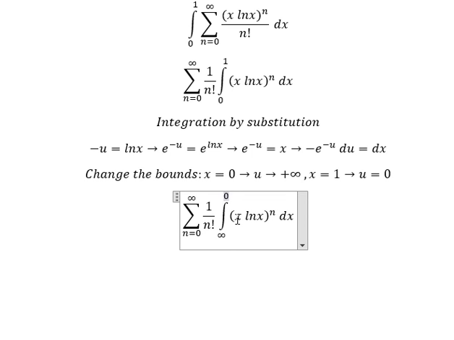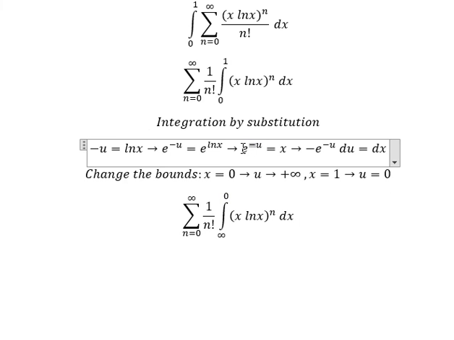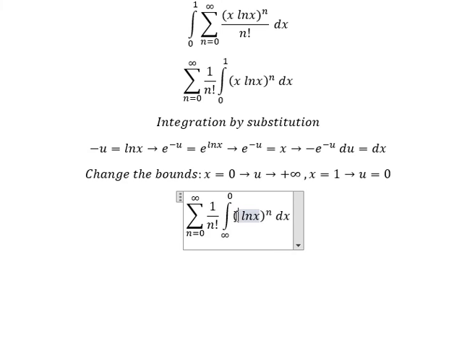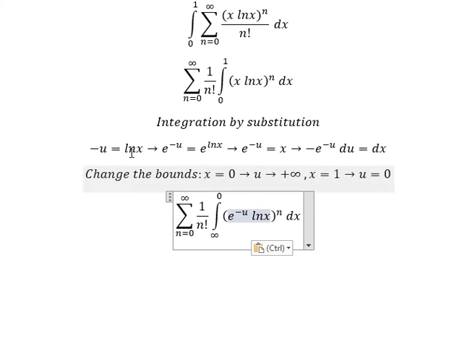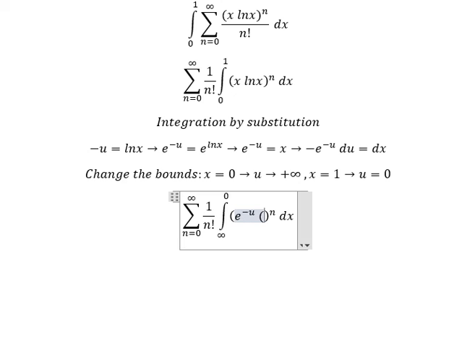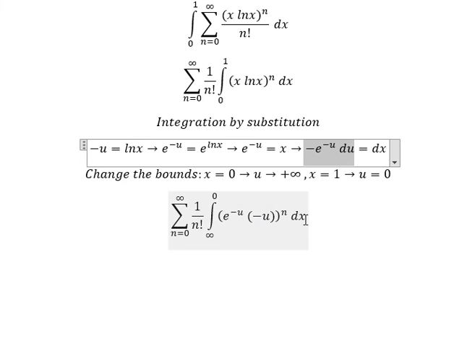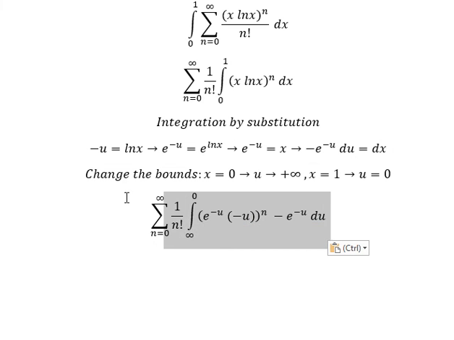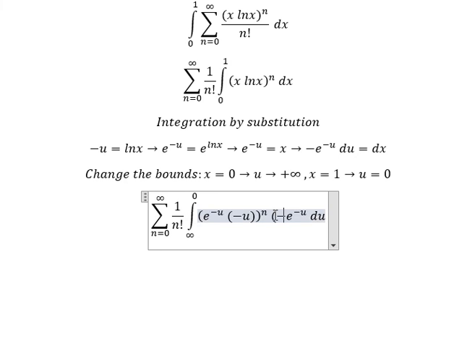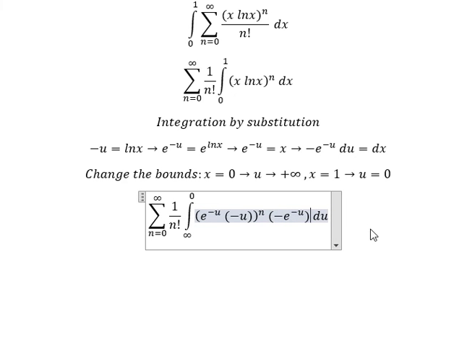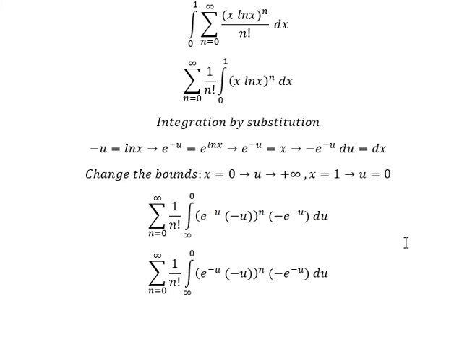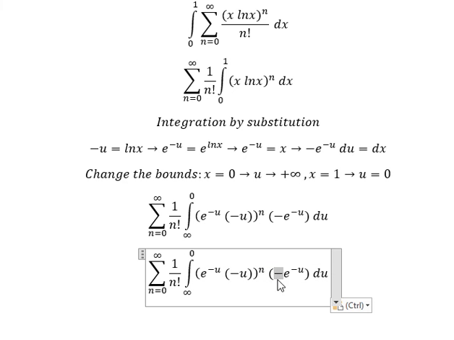So s we change by this one. ln s we change by negative u. The ds we change by this one. So because we have the negative in here, we can swap the top and the bottom together.